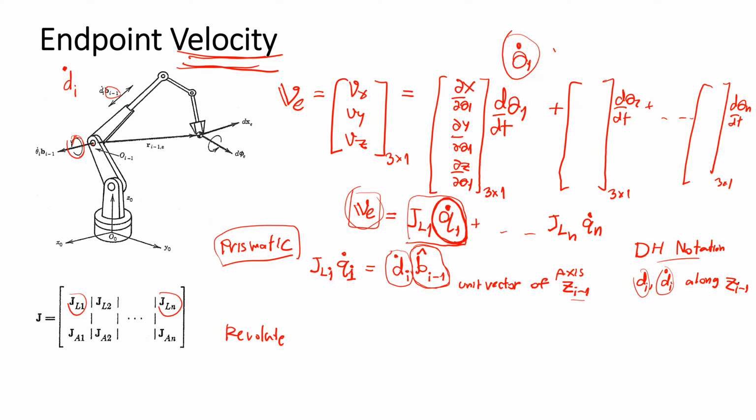So from the Denavit-Hartenberg notation, the velocity of the prismatic and the link offset is measured along z i minus 1.